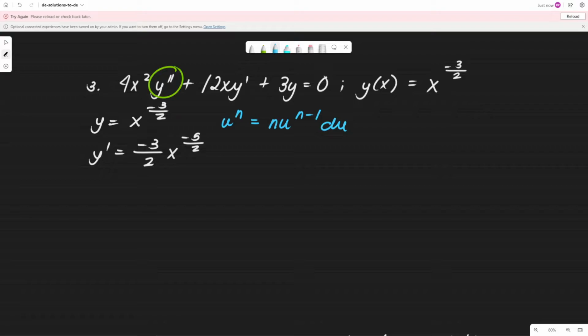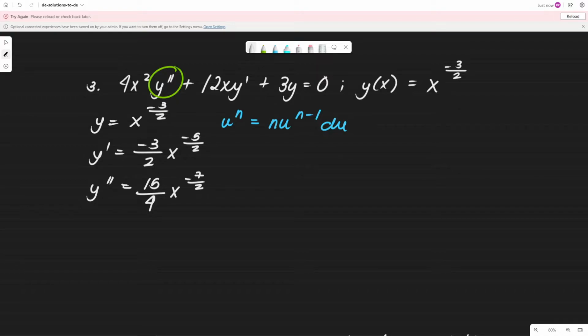What's the derivative of x with respect to x? That is equal to 1. Kaya hindi na natin siya sinulat. So we have here y double prime is equal to negative 3 over 2 times negative 5 over 2. So that is equivalent to 15 over 4 x raised to negative 7 over 2. Magmi-minus 1 lang tayo dun sa mga exponents natin dahil dito sa chain rule natin.